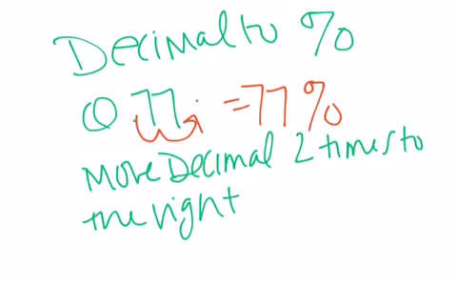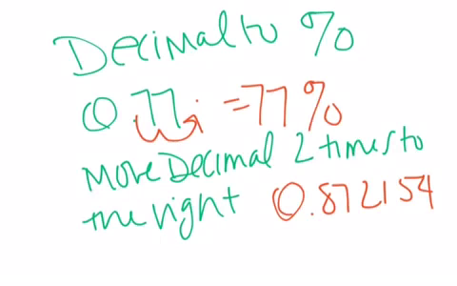When you're calculating your grades after a test, and let's say you get 71 out of 80, you then divide on your calculators 71 divided by 80, and you'll get some decimal like 0.872154. Well, you don't have a 0.87%, you then have an 87%. Okay, you're going from a decimal to a percent.